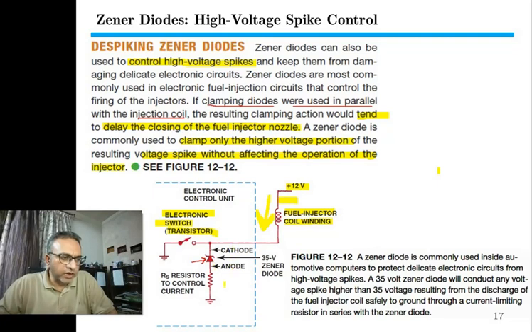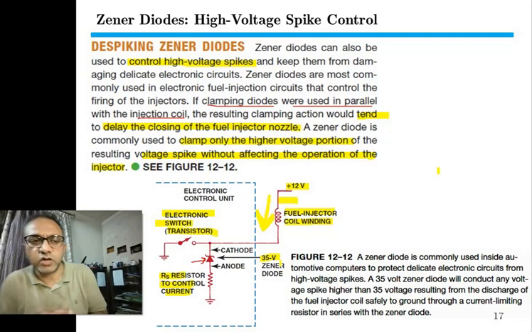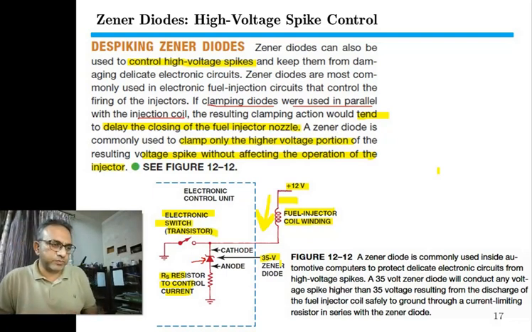There is a cathode and anode and a small resistance RL to control the current. And this Zener diode is of capacity 35 volt. That is, when the voltage across the Zener diode exceeds 35 volts, the Zener diode becomes a short circuit and the voltage across it becomes only 35 volt.